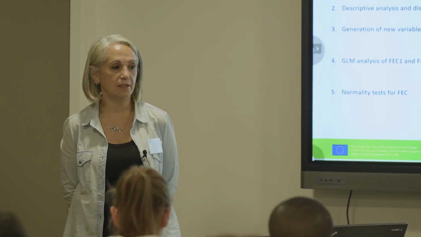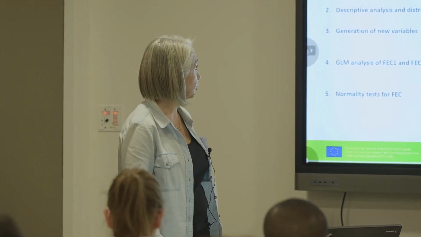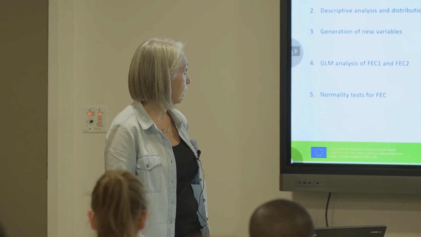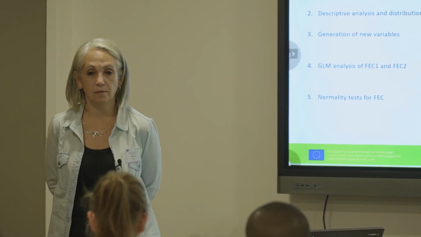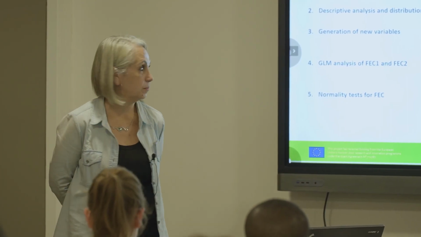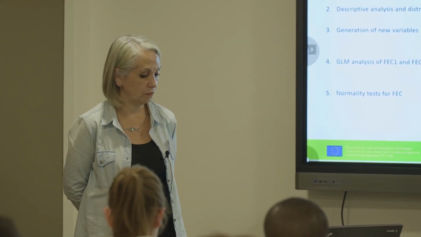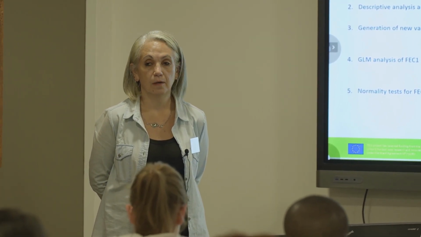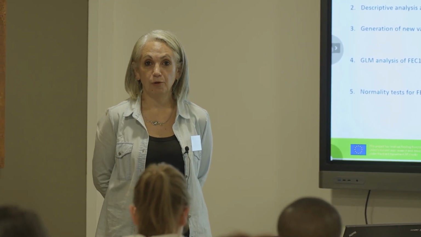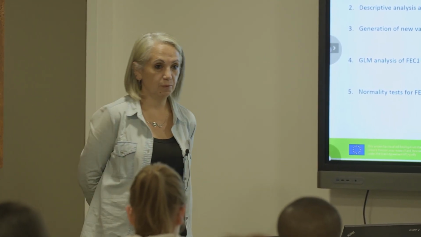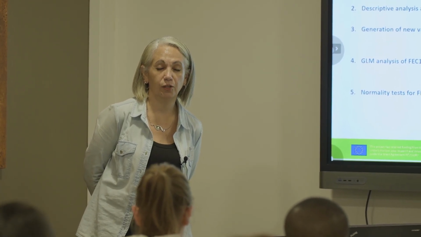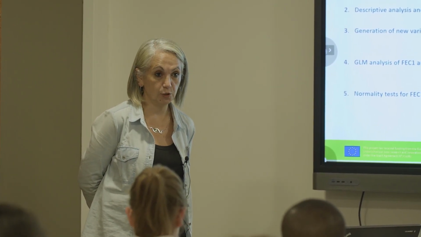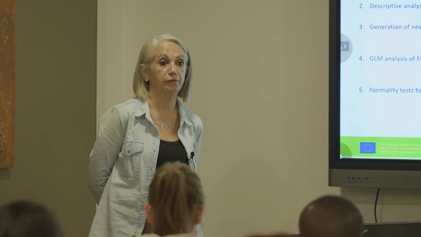One of the first things, going to the first one with the FEC data on lambs, is the information. As you see, we mentioned that to increase the accuracy, it would be good to have 2 measurements of FEC.